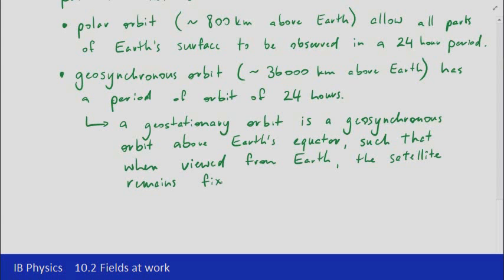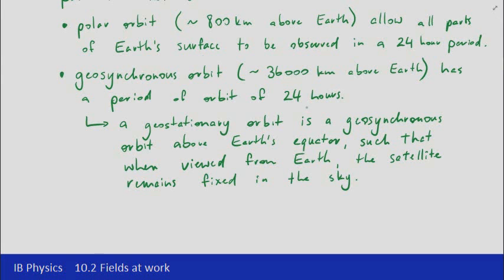So if you think about satellite dishes that you might see, even things like satellite dishes for pay TV, you'll notice that they're always pointing in the same direction. That's because there'll be a geostationary satellite up in the sky that you know is always going to be in that same fixed position, because it's orbiting the Earth at the same time as the Earth is spinning. So those sorts of orbits are good for communications.